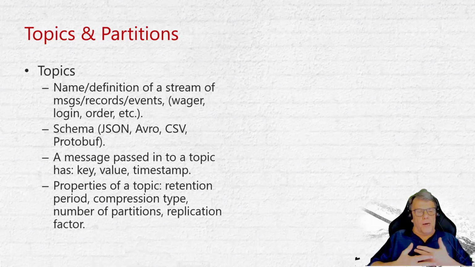When we are publishing a record, three things go with the message: a key, the value of the record, and a timestamp. If you don't define a timestamp explicitly, Kafka itself will assign it a timestamp.